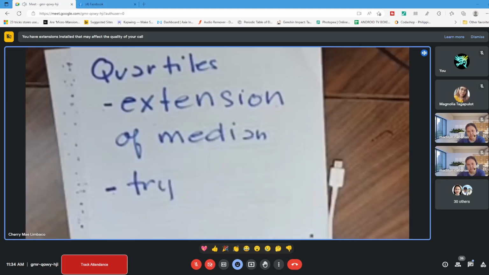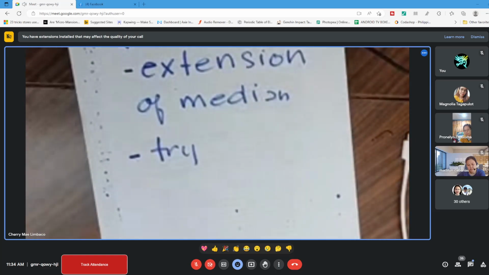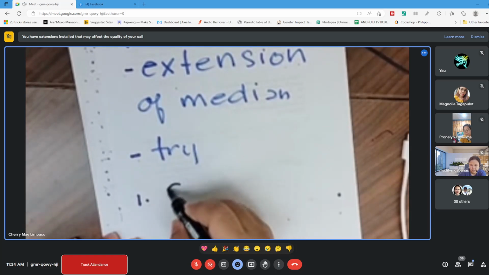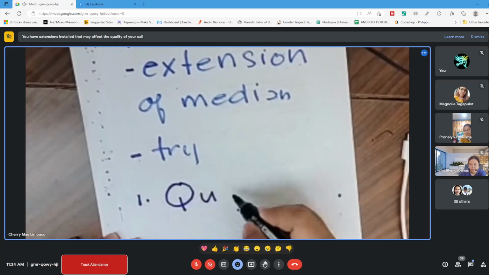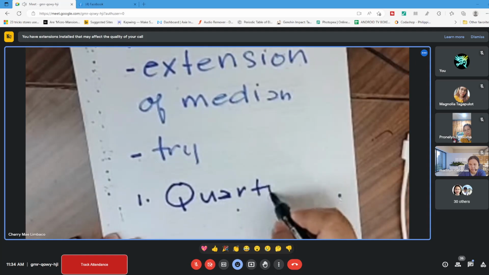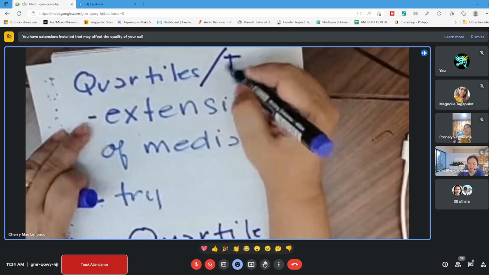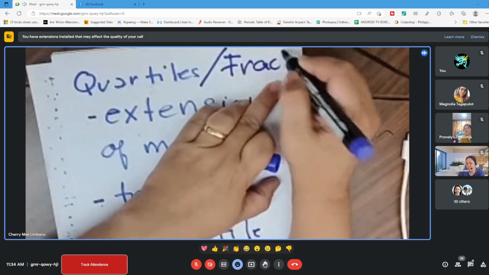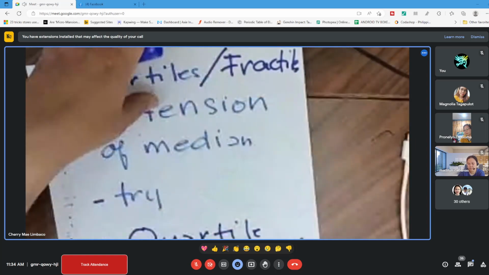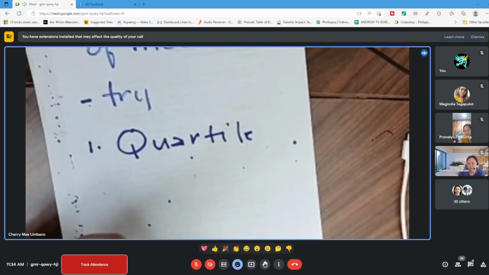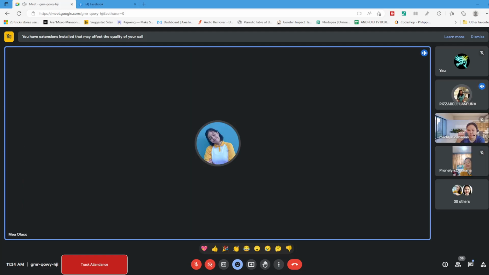Now, there are 4 types of quartile. The first is the quartile, but other books do not call this quartile; some books call it fractiles. So for the quartile, we divide it into how many equal parts? 4.